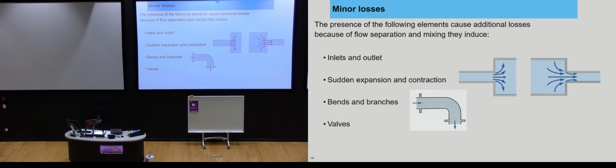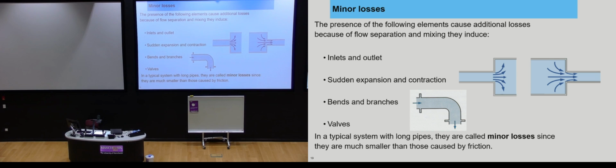They might just happen at one part of your system. But friction loss might be all the way along the pipe, and that's why it's so much larger, because it's present for a much larger area. So in a typical system, these are called minor losses since they're much smaller, but we still need to take account of them if we want to actually do our engineering accurately.